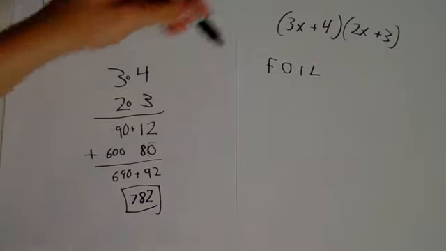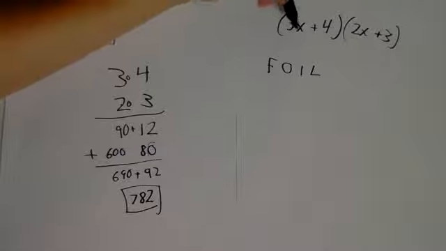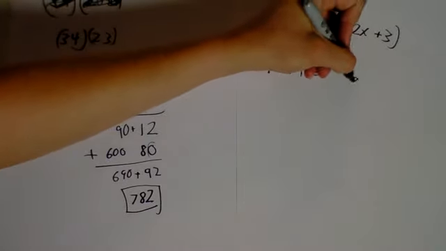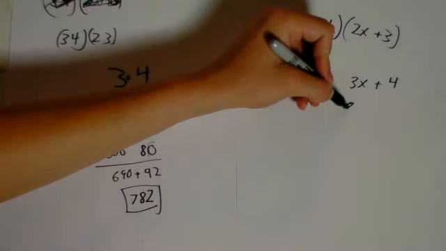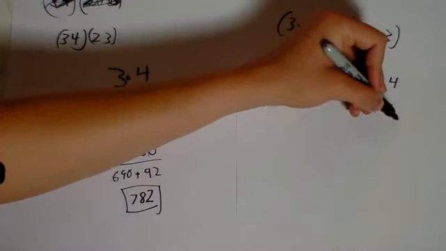Now let's try doing the same exact thing right here. 3x plus 4 times 2x plus 3.